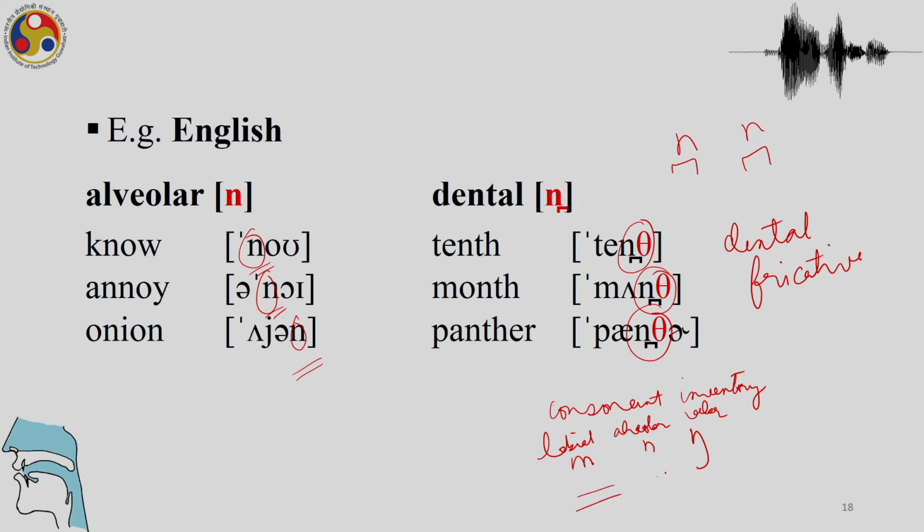We never encountered a dental nasal in English. So, why do we have this dental nasal? What we noticed immediately was that the th is marked in red, and recall that th is a dental fricative in English. So, what we see is a context for the occurrence of a dental N in English.